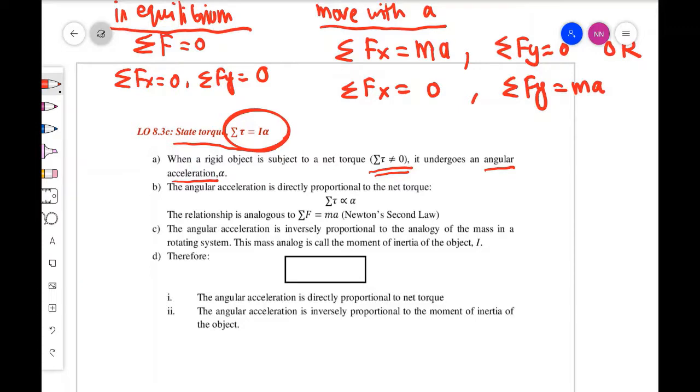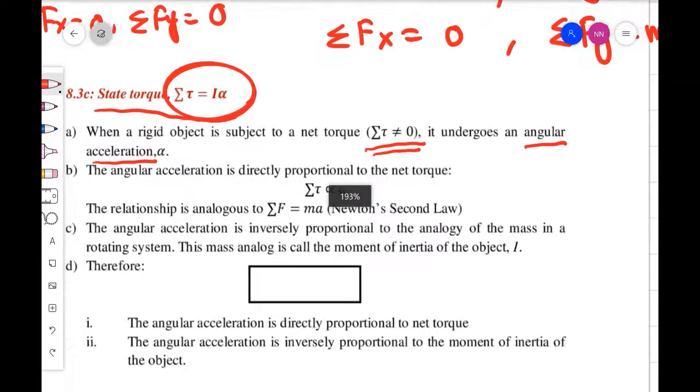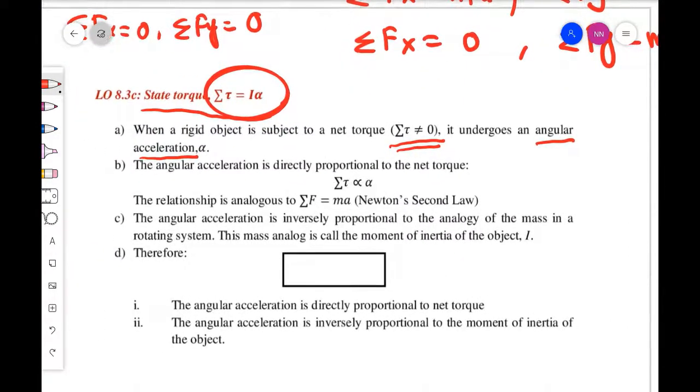So the angular acceleration is directly proportional to the net torque. The relationship is analogous to net force equals ma, yang kita belajar dalam chapter 4, Newton second law. The angular acceleration alpha is inversely proportional to the analogy of the mass in a rotating system. This mass analog is called the moment of inertia of the object, I.